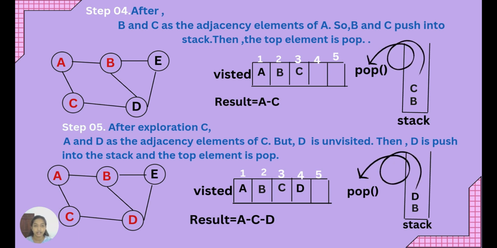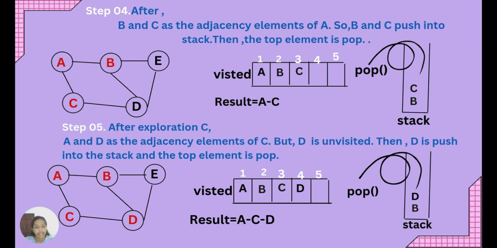Step 3, the stack is empty. Step 4, B and C are the adjacency elements of A, so B and C are pushed into the stack. Then the top element is popped. Visited array A, C are visited.